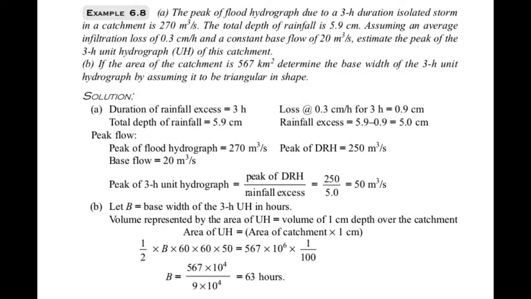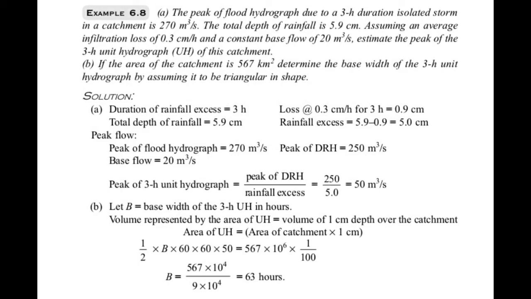We have here an example 6.8. The peak of a flood hydrograph due to a 3-hour duration isolated storm in a catchment is 270 cubic meter per second. The total depth of rainfall is 5.9 centimeter, assuming an average infiltration loss of 0.3 centimeter per hour and a constant base flow of 20 cubic meter per second.